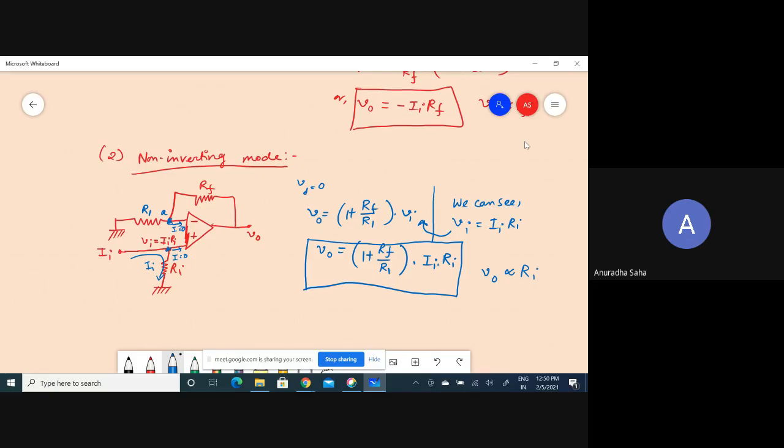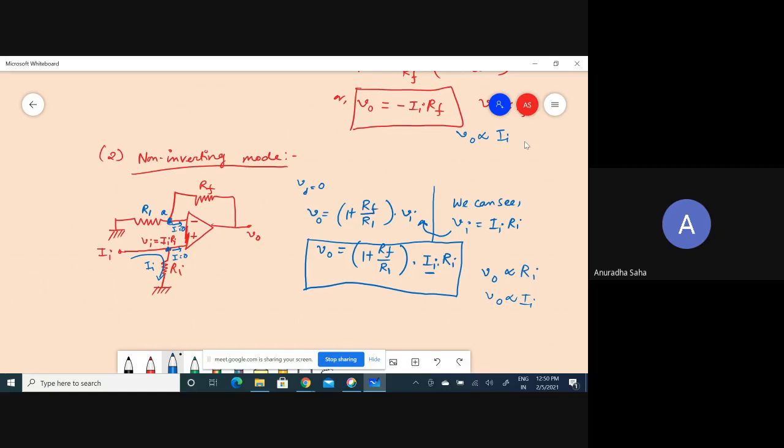So in that case, you can understand that this is the current to voltage converter. If you change your input current, from here you can see that Vo is proportional to Ii. That is another observation.